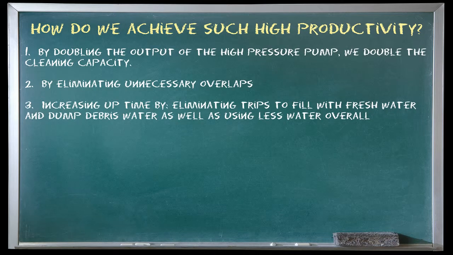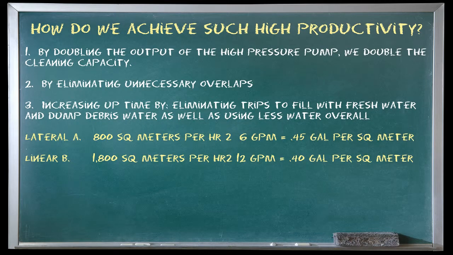Thirdly, let's talk about water consumption. We do use more water per minute, but do we use more water overall? The answer is a resounding no. Because our unit is more efficient than laterally moving machines, we actually use less water. Do the math for yourself. Use their advertised removal rates of 800 square meters per hour and 6 gallons a minute.